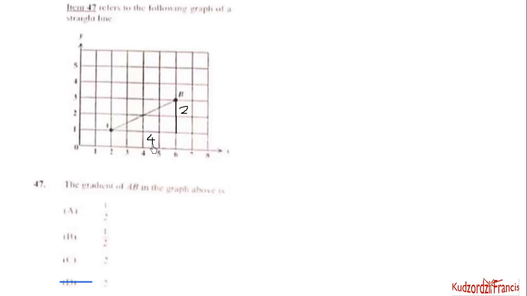So the gradient is change in y over change in x, and that will be equal to 2 out of 4, which is equal to 1 over 2.